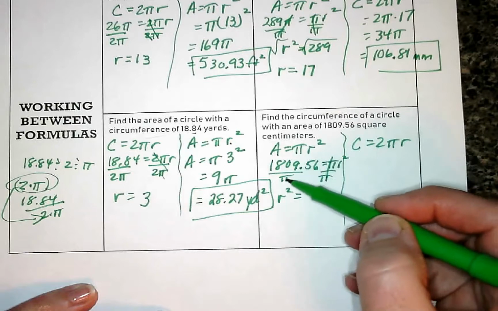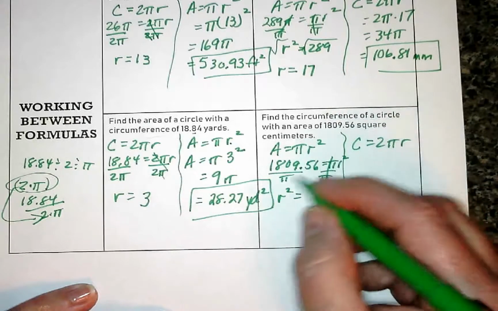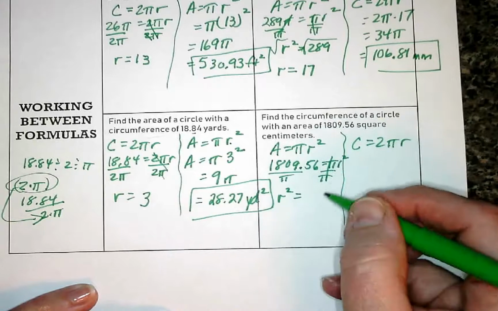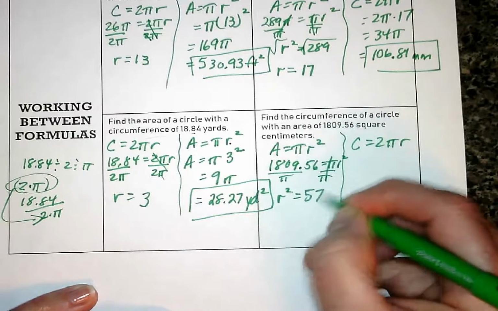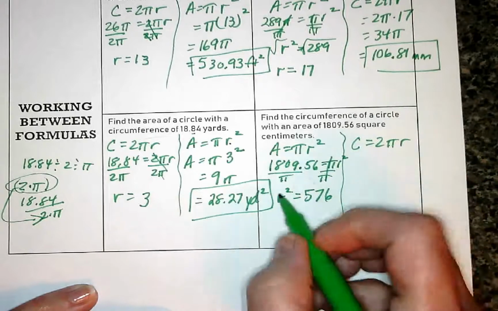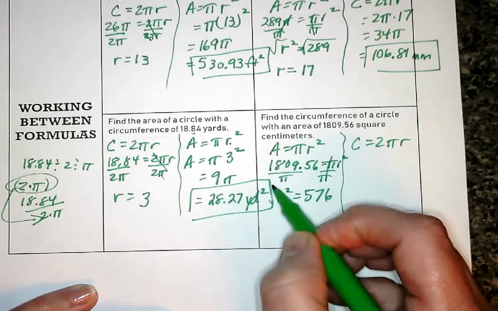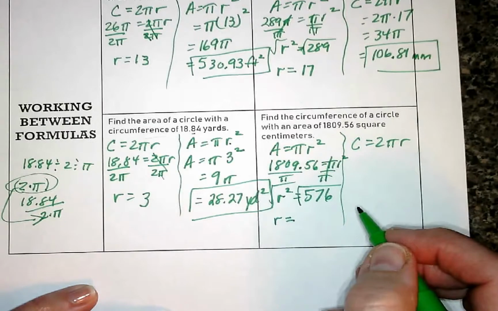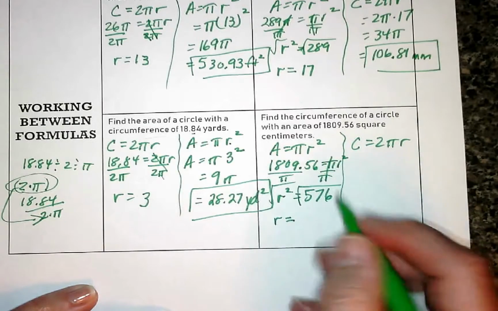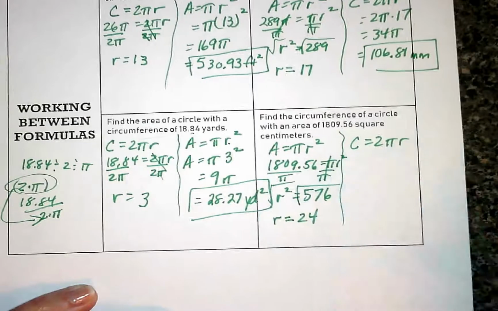1809.56 divided by 3.14, or you can use the pi button on your calculator. Either way, when you divide that out, you're going to get 576. It might be a decimal form of that, but I don't want r squared, I want r, so I'm going to square root. And when I square root 576, I get 24.